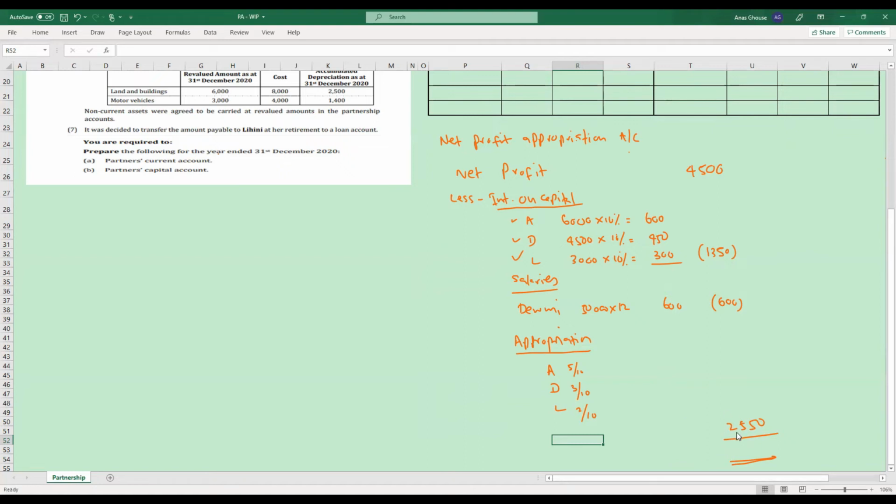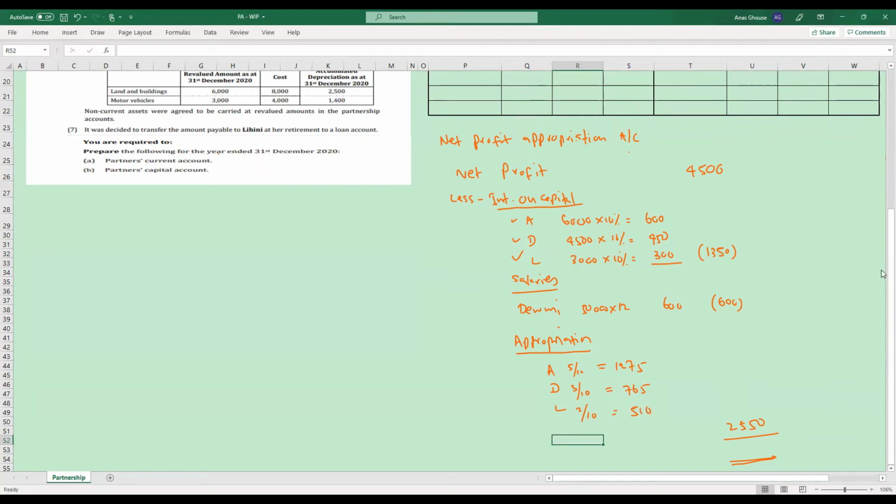So when you calculate 2,550,000 divided by 10 times 5, that will be 1,275,000. Then 2,550,000 divided by 10 times 3 will be 765, and finally it will be 510.